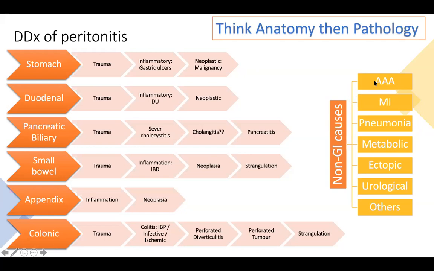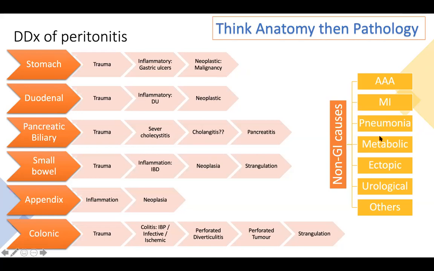Okay. AAA. You can say AAA in the exam. It's a very well-known term in the UK, but I would prefer to say aortic aneurysm or ruptured aortic aneurysm. MI, myocardial infarction or cardiac event, can cause abdominal pain, okay, especially inferior MI because they irritate the diaphragm. They can cause epigastric pain, okay.